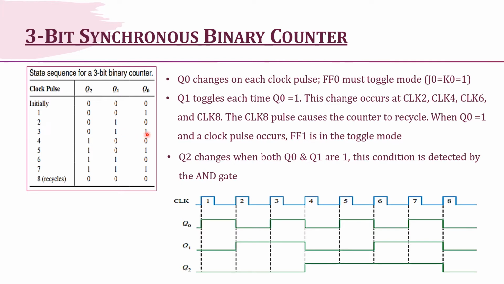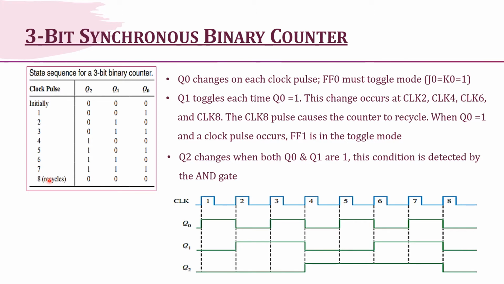In the second case, when this occurs again, it toggles its state from 1 to 0. So Q1 toggles each time Q0 is equal to 1. These changes occur at clock 2, clock 4, clock 6 and clock 8.